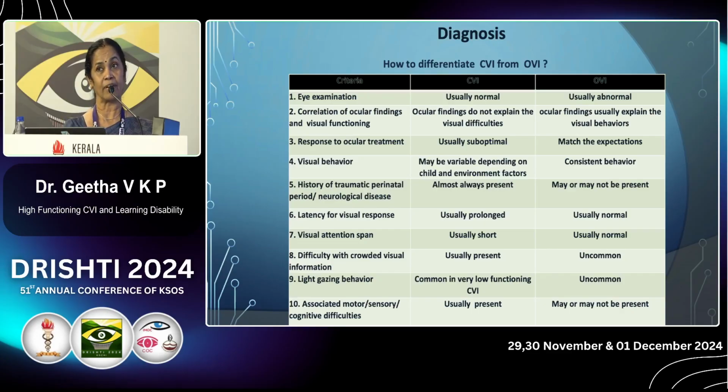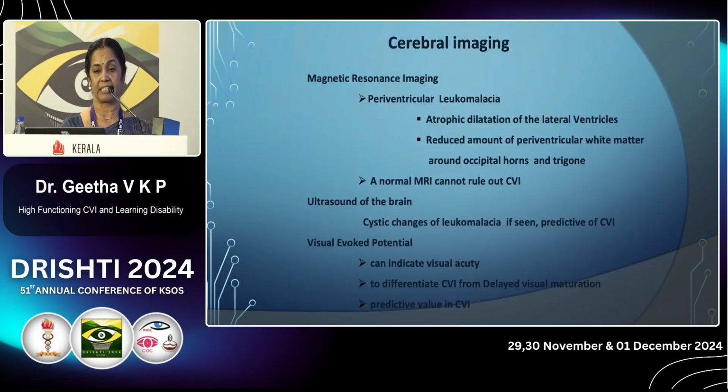Then environmental factors like clutter, visual or auditory clutter. Then history of a traumatic perinatal period may be there. Latency will be prolonged. Then visual attention span may be short, and there is difficulty with crowded information and associated motor and sensory cognitive difficulties.